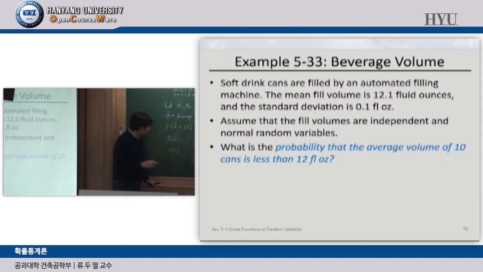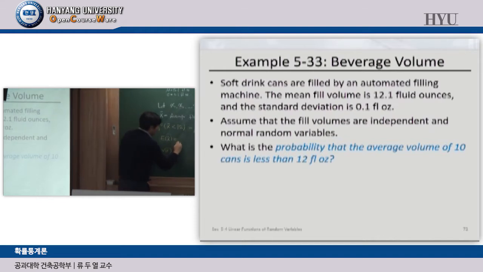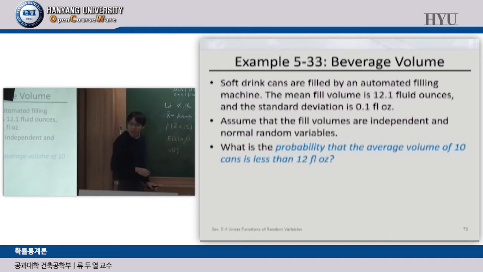Based on the previous class, what is the mean of x bar? That is equal to mu, okay? And the variance of x bar is equal to sigma square over n. Please see your previous slide, okay? So mu is equal to 12.1 here.